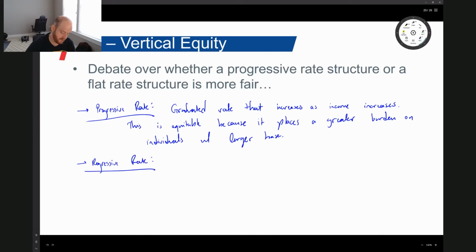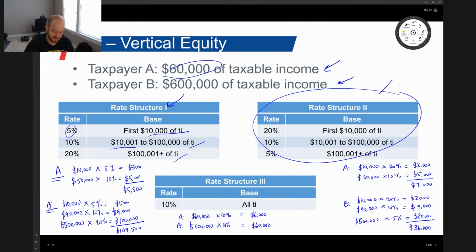This is one where it's once again a graduated rate that increases as income decreases. So this is the structure that is evident in rate 2, a regressive income tax rate.